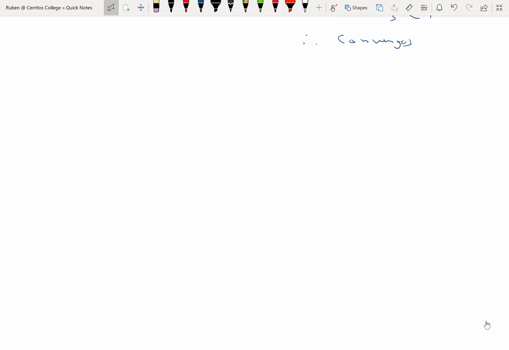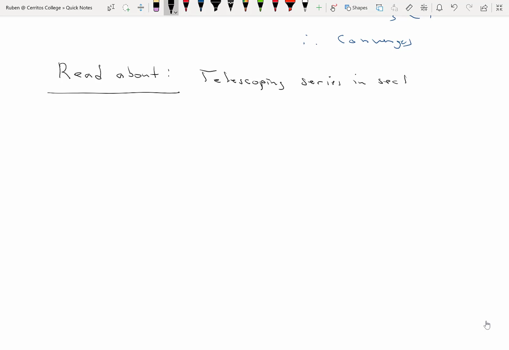There's a part of the section in the textbook that I would like you to read on your own, and it has to do with something called telescoping series. It's not difficult reading, but I'd like you to read about telescoping series in section 11.2.